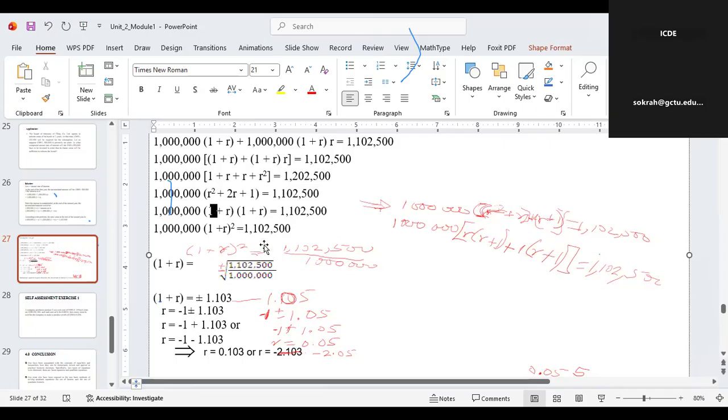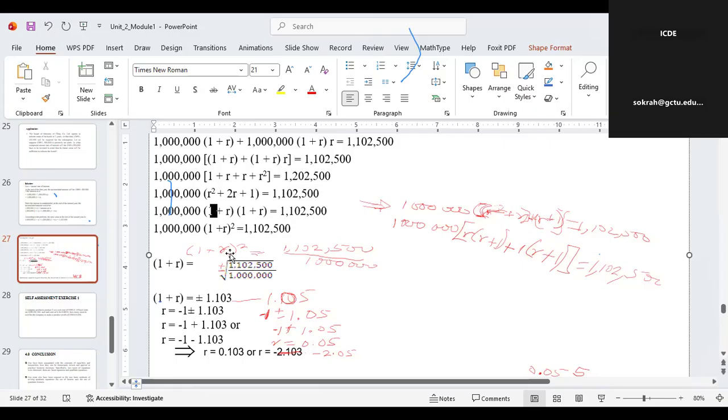Then still, we've not gotten our R. So we have to continue. Before we can get this R, the square must go. Anytime you have a square, how do you get it out? You can only remove the square by taking the square root on both sides of the equation.